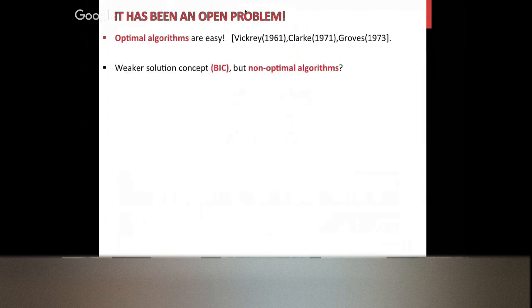Okay, so this was open. Optimal algorithms are easy, by the way, as I said. If you think about non-optimal arbitrary algorithms, and your solution concept is a stronger one than BIC, namely DSIC, there is no hope. This is hopeless.